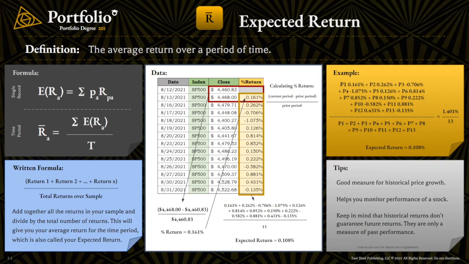To sum up expected return, this is just a good measure to help you understand assets and their historical price growth. Sometimes you'll hear comments like historical returns don't guarantee future returns. And that's true. Just because the stock you're checking out has had a good expected return, that doesn't necessarily mean that its expected return is going to be maintained.